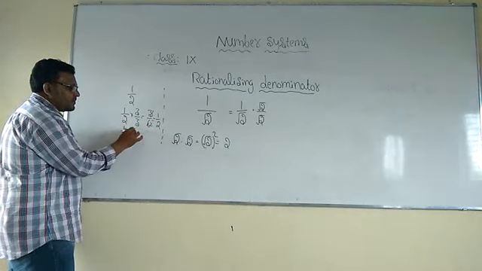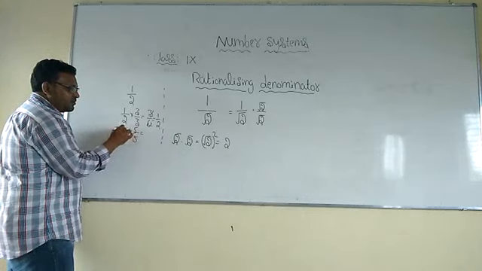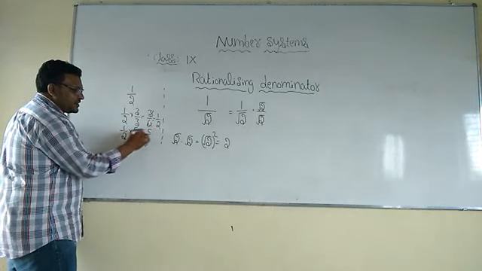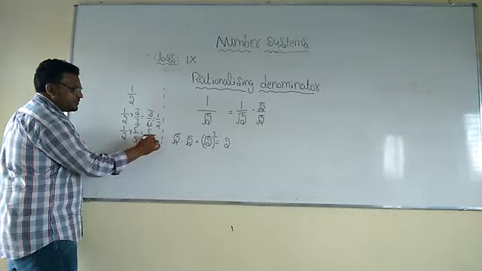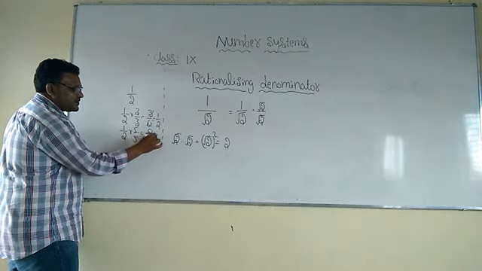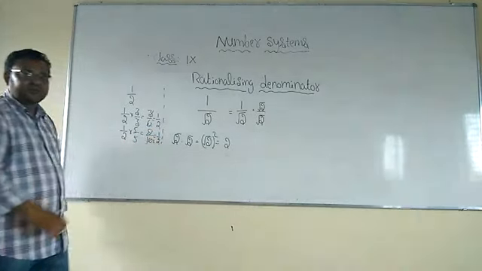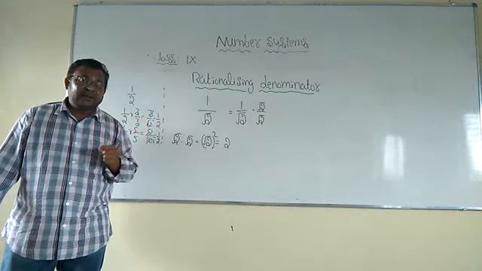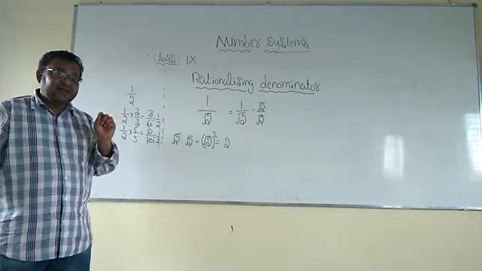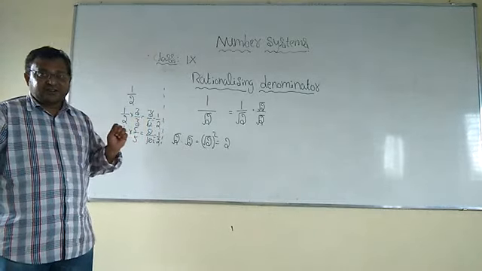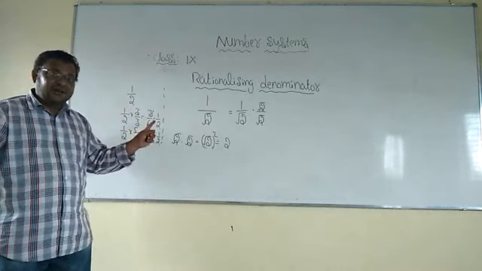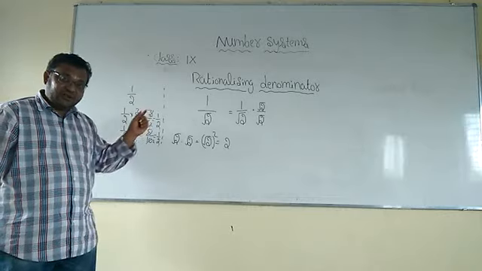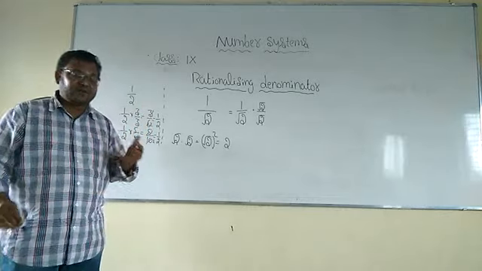This time I will multiply by 5, both numerator and denominator. 1 5 is 5, 2 5 is 10. Again I cancel with 5, and get 1 by 2. So by multiplying both numerator and denominator by the same number, the value of the fraction will not change. Moreover, the new fraction obtained after multiplication is called an equivalent fraction of the given fraction.